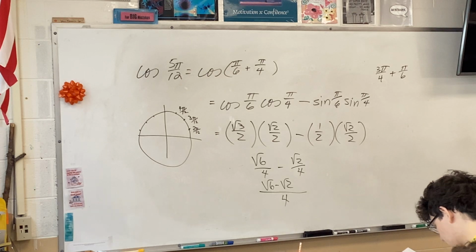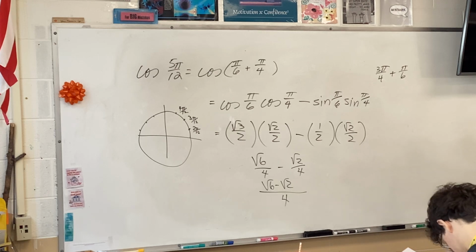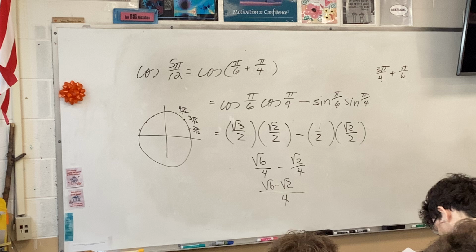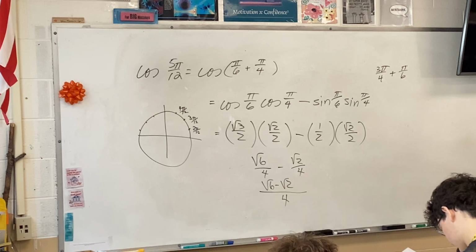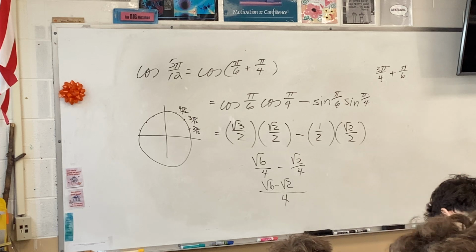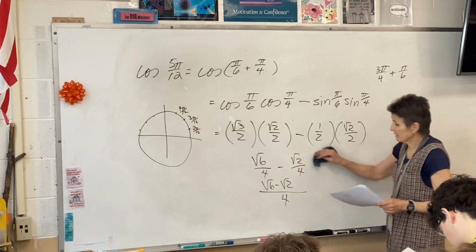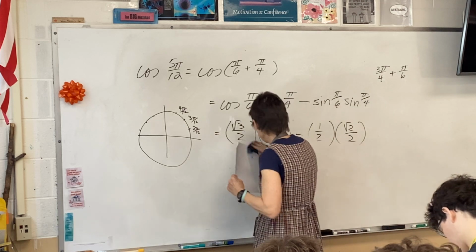Can't do anything with the cosine of x, but the sine of 11 pi over 6 is negative 1/2. So this is what you end up with: root 3 over 2 times the sine and negative 1/2 times the cosine.